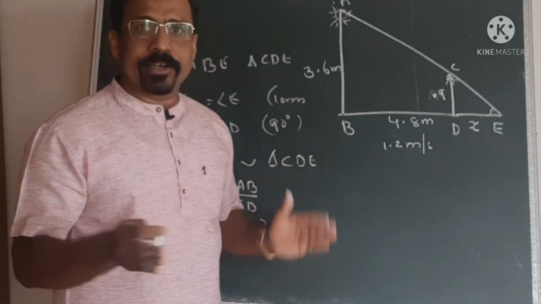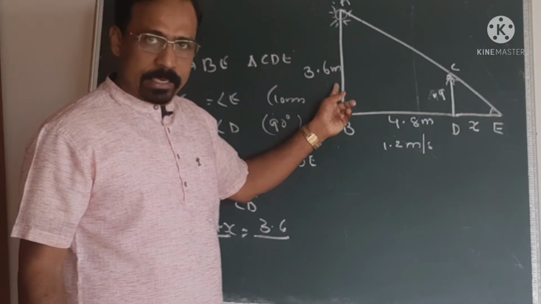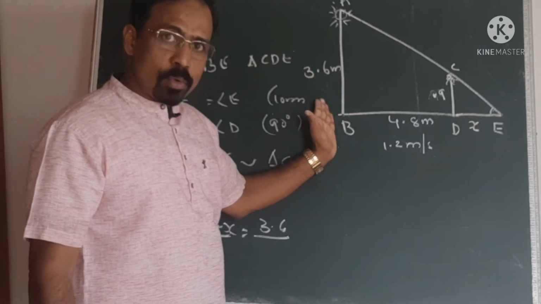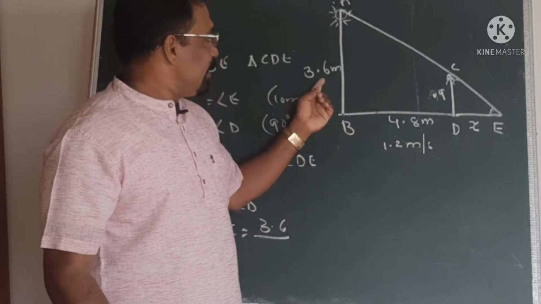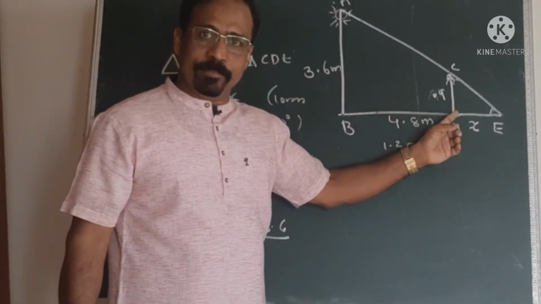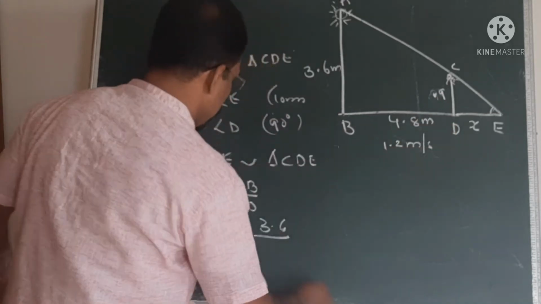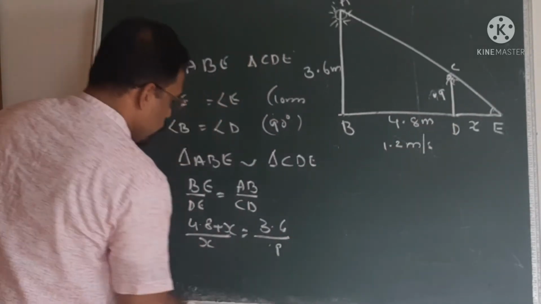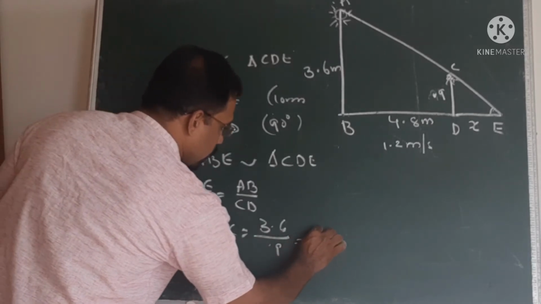We have to convert it into meter, because here it is 3.6 meter. Otherwise you convert this also into centimeter. Both the units should be the same. Here it is in meter, here it is in centimeter. 90 centimeter is given, so change it into 0.9. So 9 4s are 36, so it is 4.